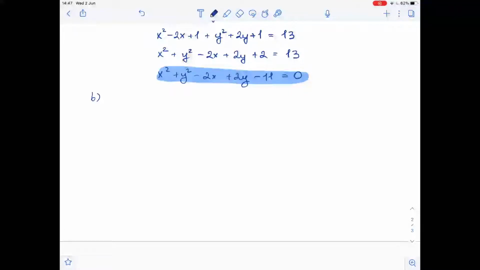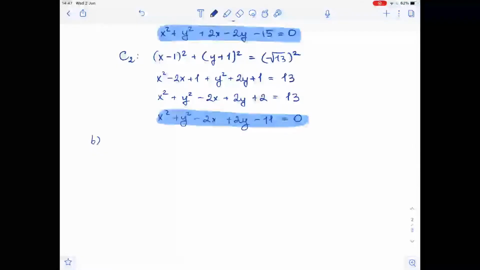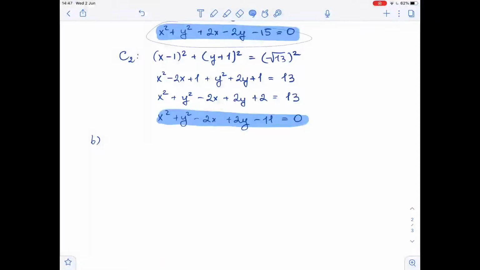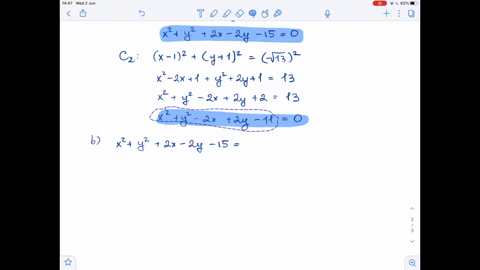To find the points of intersection, we equate the equations of C1 and C2. So we will rewrite the equation of C1, and we get rid of the right side, which is 0, and we say that it should be equal to the equation of C2.